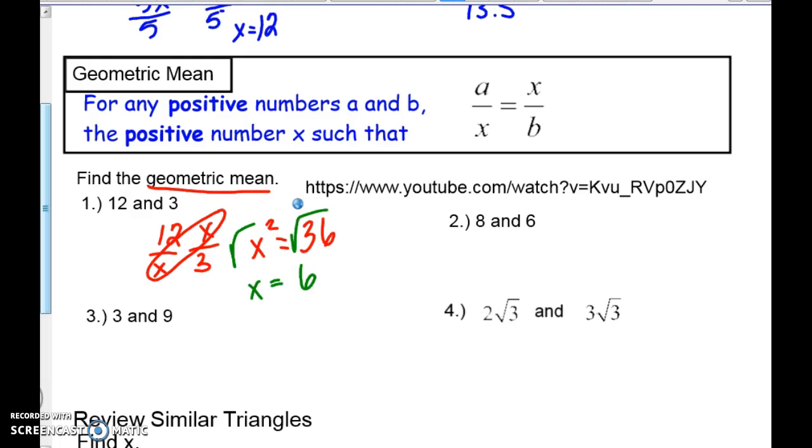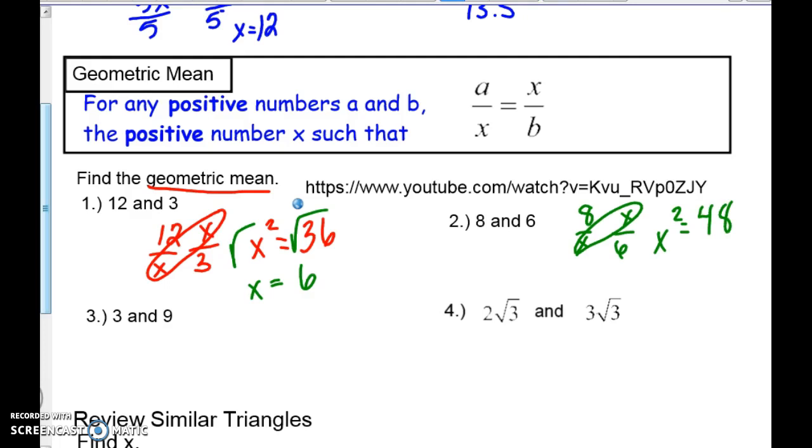Okay. Same thing right here. 2 numbers, they ask for the geometric mean. 8 over x, x over 6. That would give me x squared. And 6 times 8 is what? 72? What do you think? 48?